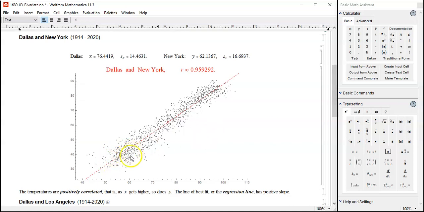Now, do you see this pattern here? As you move to the right, dots are tending upward. Or look at this regression line, the line of best fit. It has positive slope. As you move to the right, the line is going up. When that happens, we say these bivariate data are positively correlated.